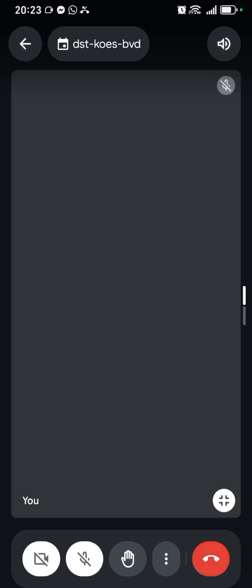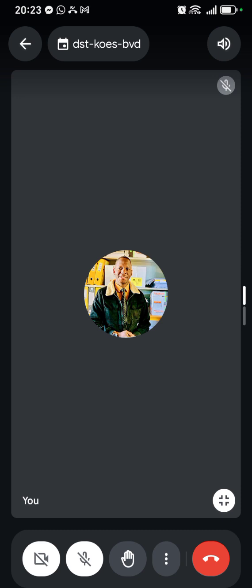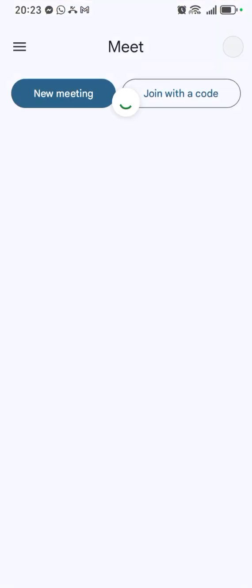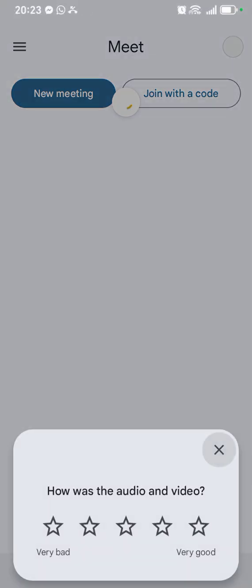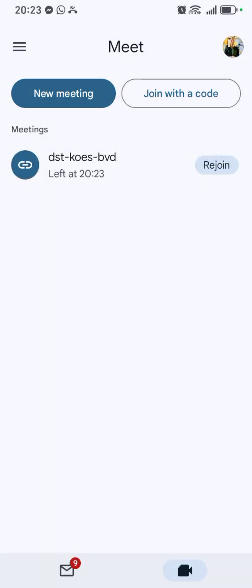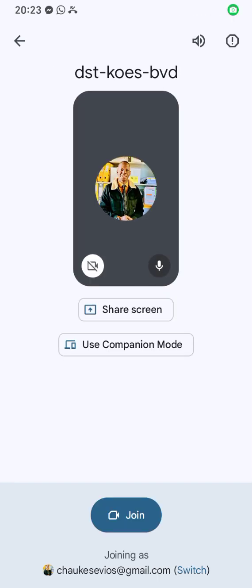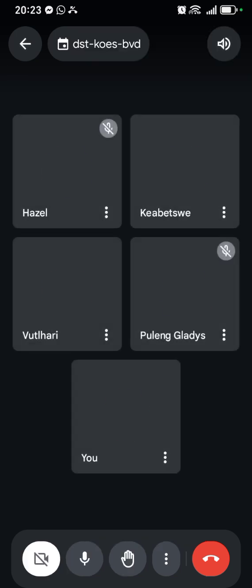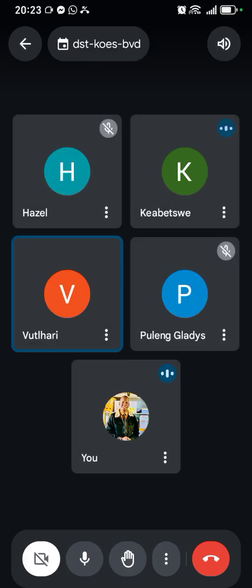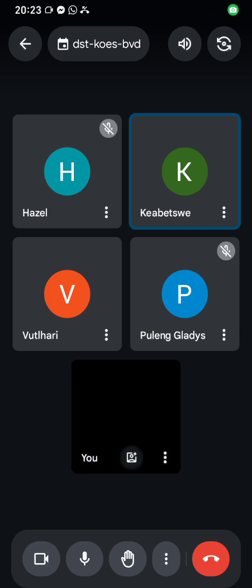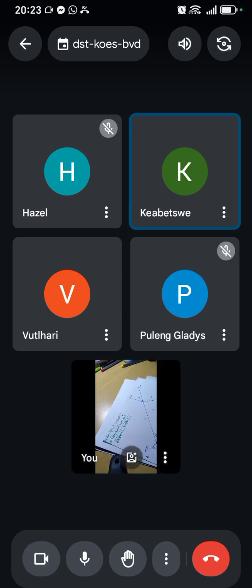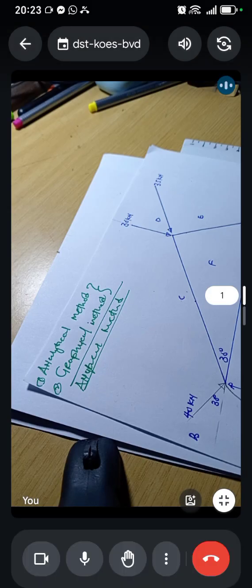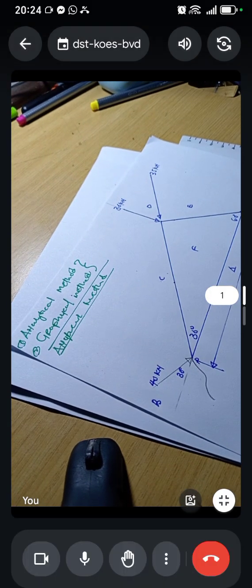Now it's saying join with the code. Rejoin. Tell me if it's blurred now. Is it blurred? What about now? Fine.